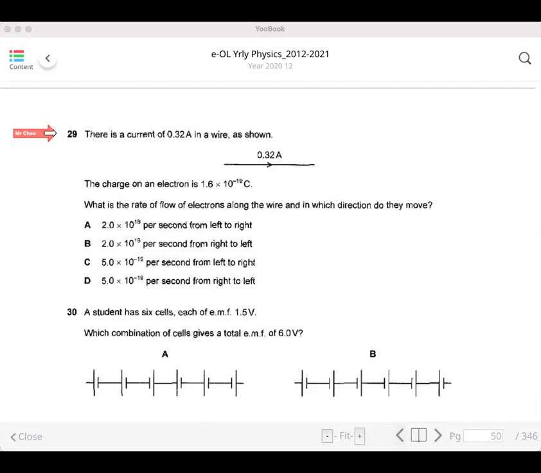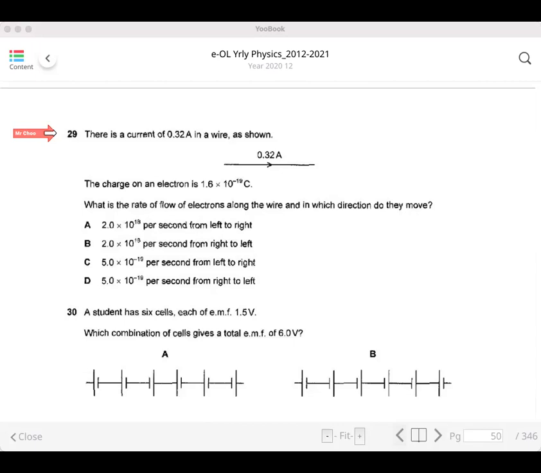Okay, Ryan incorrect. Pei Kwan incorrect. Oscar incorrect. Oscar, well done.